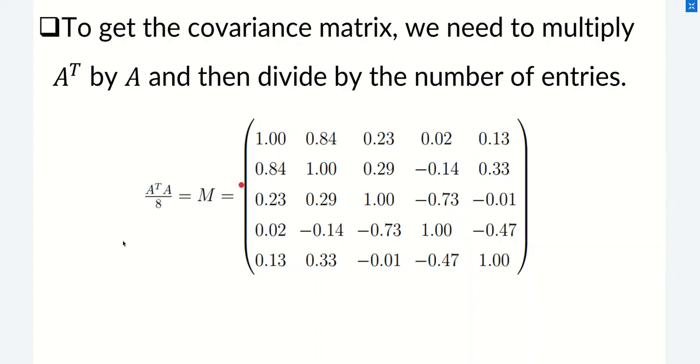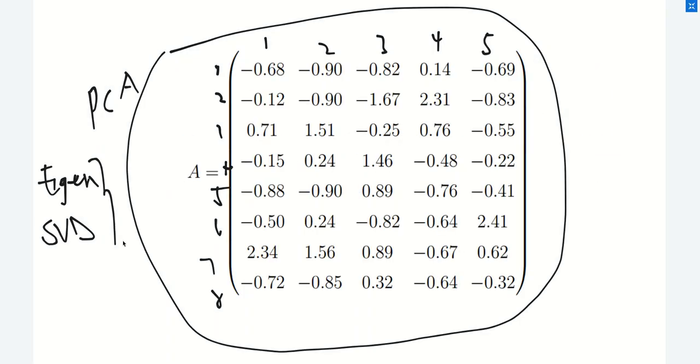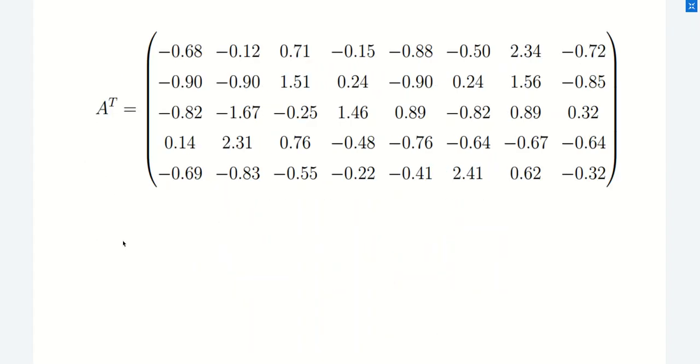Now we need a covariance. To get a covariance matrix, we also divide by the number of examples. So how many examples do we have in our data? 8. So here we multiply our matrix by its transpose and we divide each entry by the number of examples.